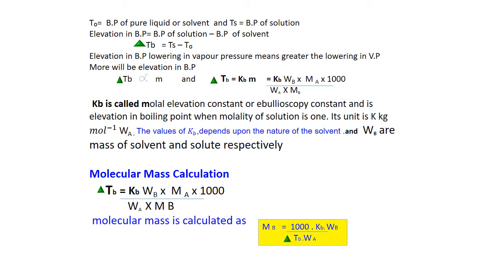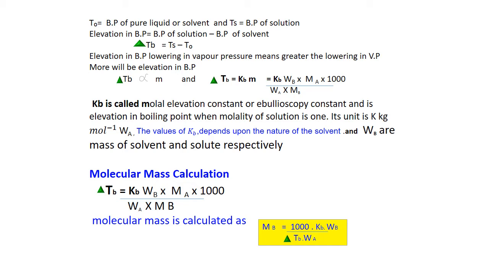T naught is the boiling point of the pure solvent. Ts is the boiling point of the solution. So the elevation will be delta Tb is equal to Ts minus T naught. Ts means the boiling point of the solution, T naught means the boiling point of the pure solvent. And we know that elevation in boiling point is directly proportional to molality.